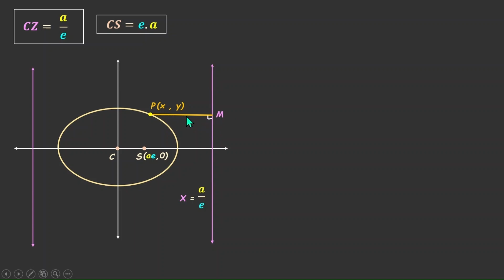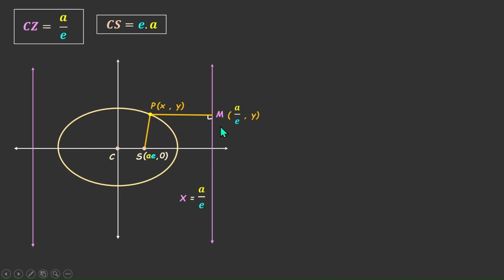So this line PM is completely horizontal, and whatever the coordinate of y at P, the same coordinate y would also be of M. So the coordinates of M would be A by E and y. The other distance is PS, which is the distance between point P and the focus S. So it is this distance.